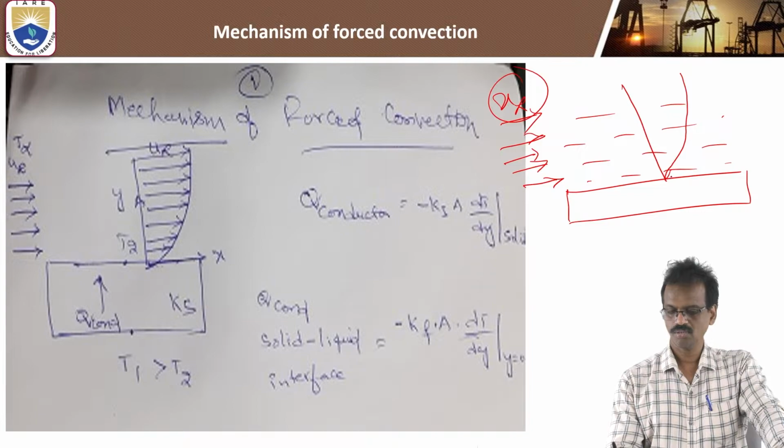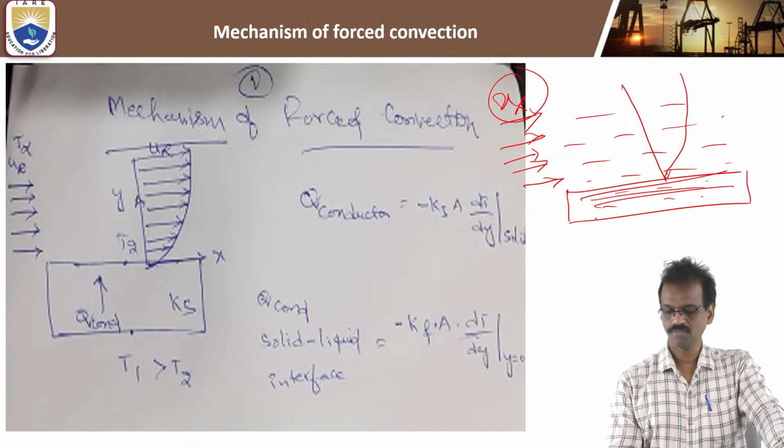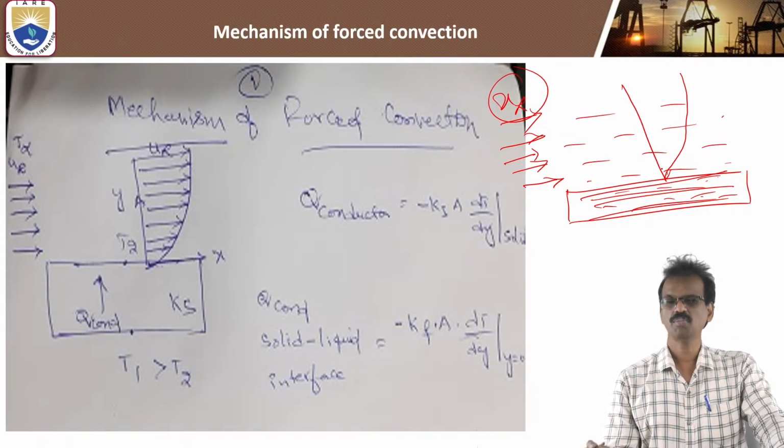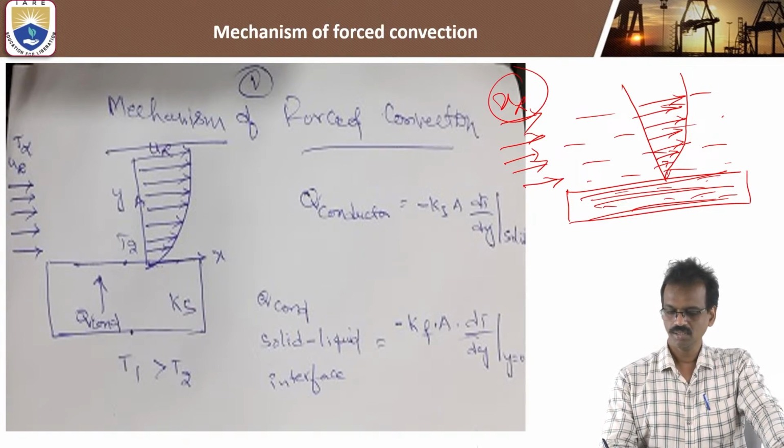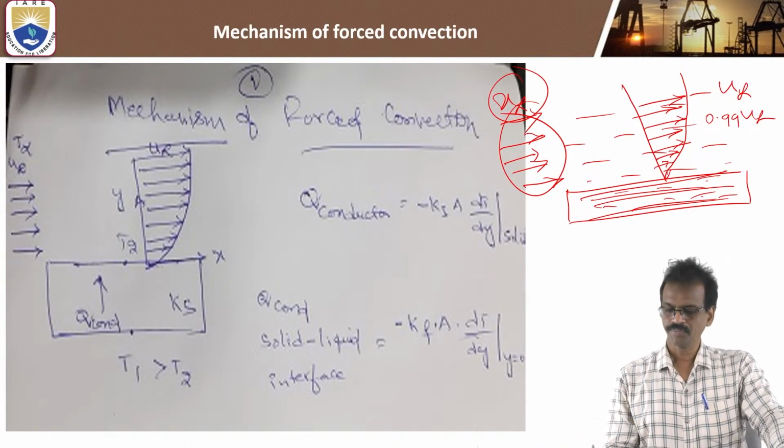So this is the solid surface. The layer of fluid which is very near the solid surface has very little particle movement. Initially the movement of particles, meaning the velocity of the fluid, increases gradually until a particular point, where the velocity is very near u infinity, about 99 percent of u infinity, or 0.99 into u infinity.